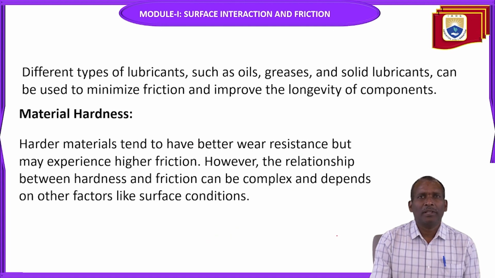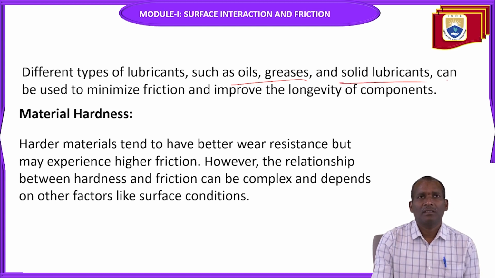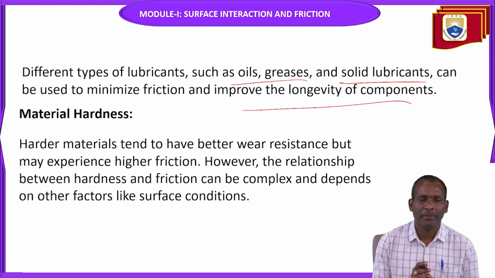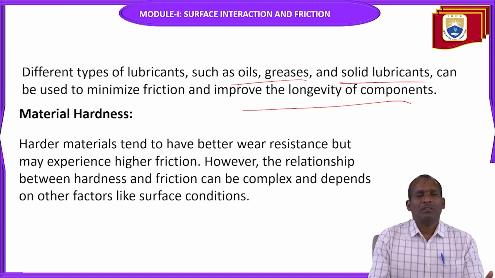Different types of lubricants, such as oils, greases, and solid lubricants, can be used to minimize friction and improve the longevity of components. You can improve the life of the component by using different types of lubricants. These types of lubricants depend upon the type of application and type of load. Clear?